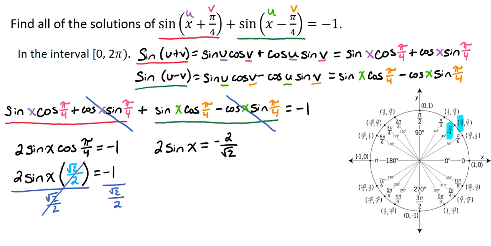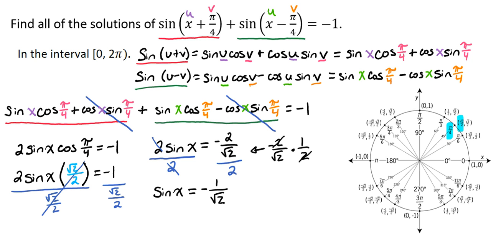So now we're going to go ahead and divide both sides by 2. And that's going to leave us with the sine of x equals, and we're going to have another keep change flip right here. So we're actually going to end up with a negative 2 over radical 2 times 1/2. And here we're going to see that those 2's are going to cancel out. And that's going to leave us with a negative 1 over radical 2.